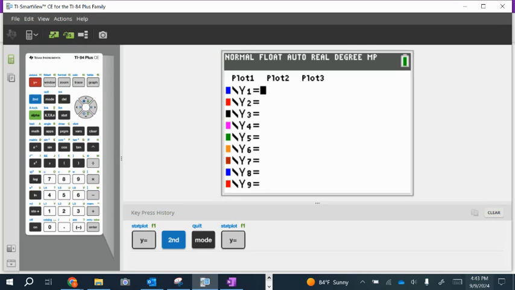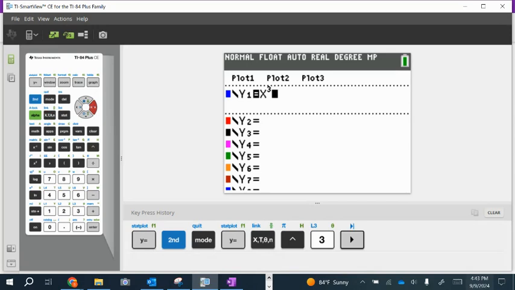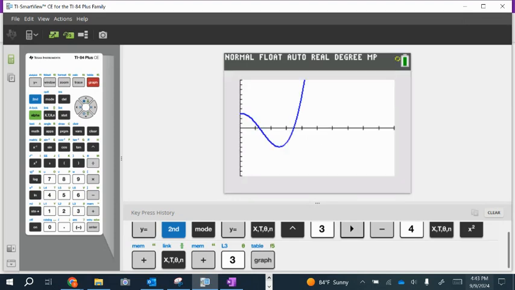My y1 is highlighted, so I'm going to use the x button, x to the third, and get out of the exponent, minus 4x squared plus x plus 3.